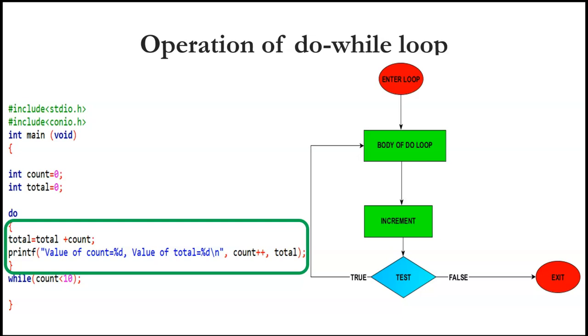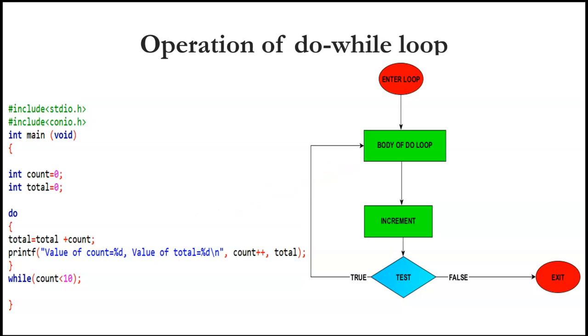The body of the do loop in this case comprises two statements, and then the increment takes place, that is the count variable is incremented, and then the loop expression is checked. The loop expression is count is less than 10. If this loop expression evaluates to true, the body of the do while loop is executed again. Otherwise, if it is false, then the do while loop simply exits.